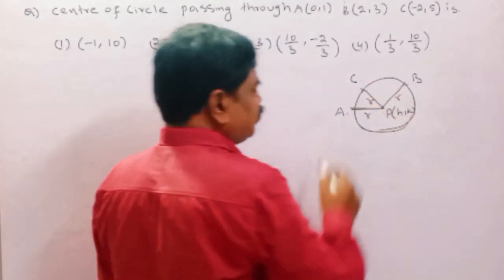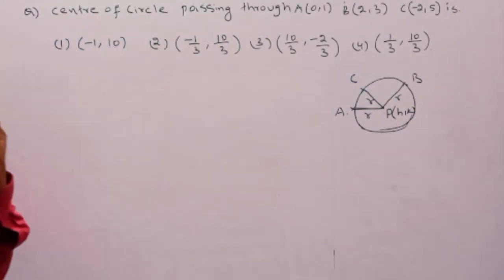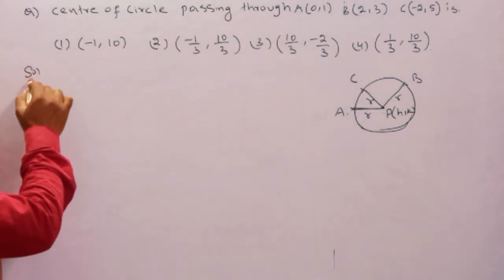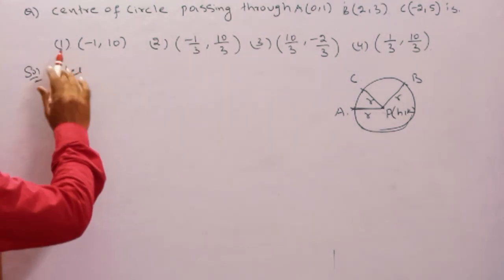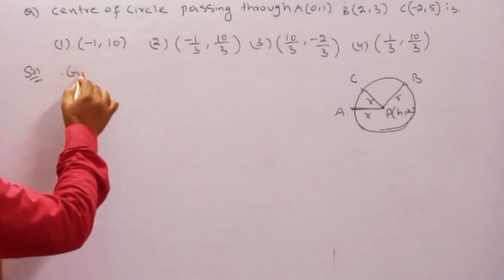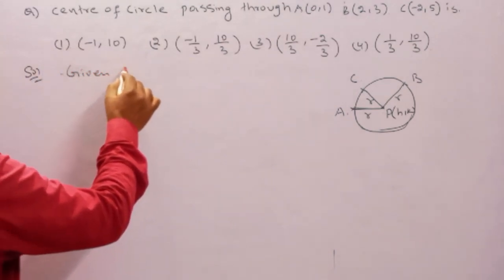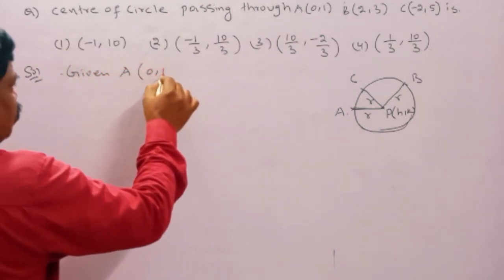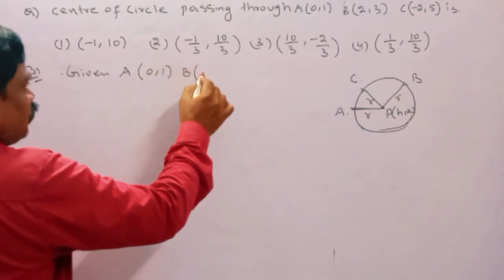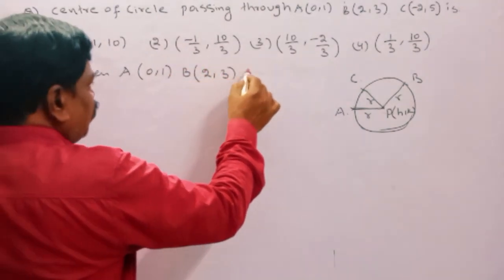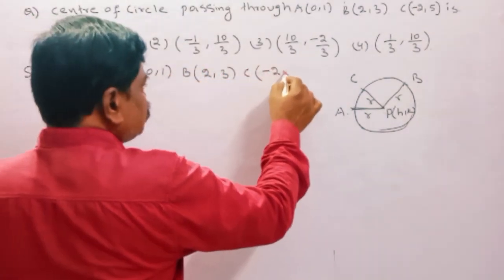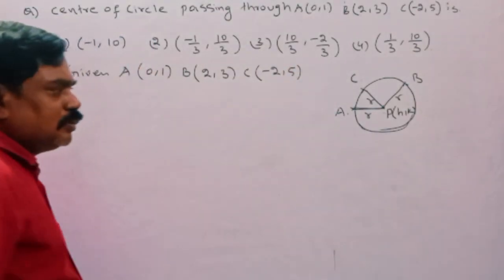Here we are given A (0, 1), B (2, 3) and C (-2, 5).